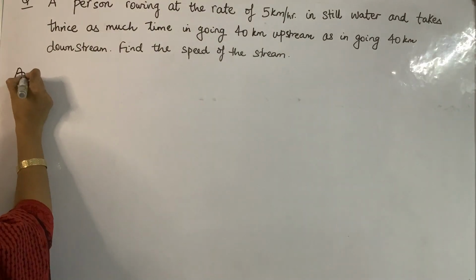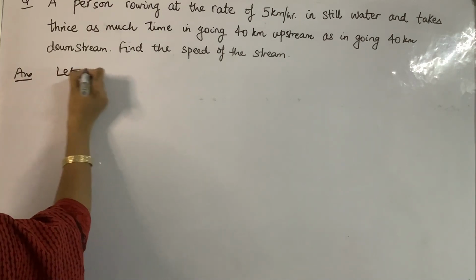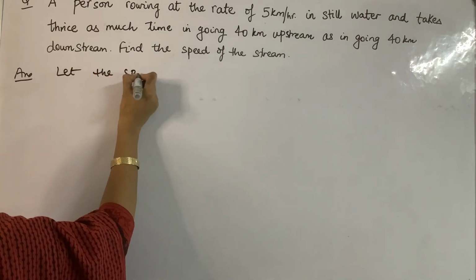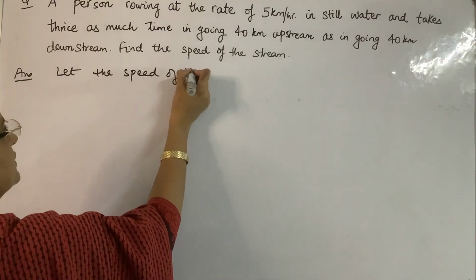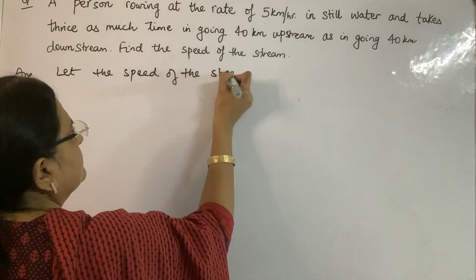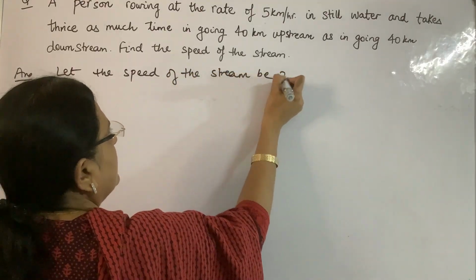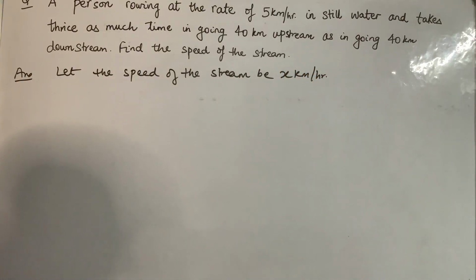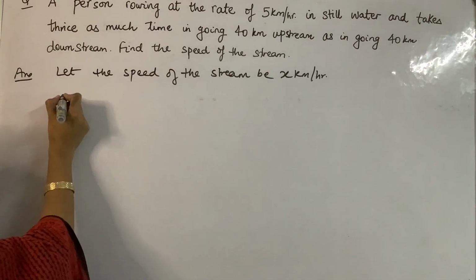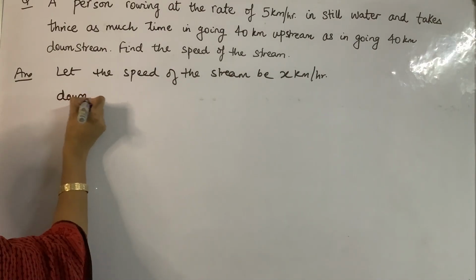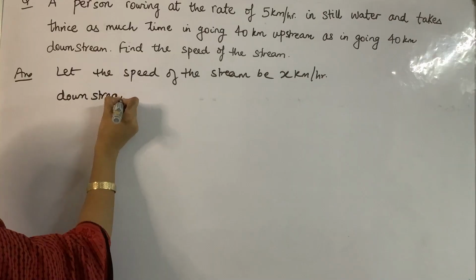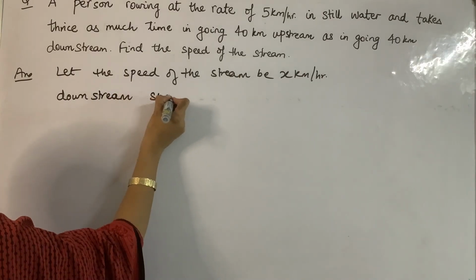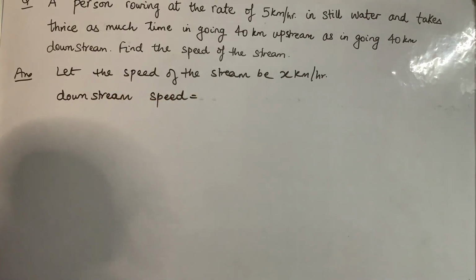So write down, let the speed of the stream be x kilometer per hour. So downstream speed. Downstream means along the river.